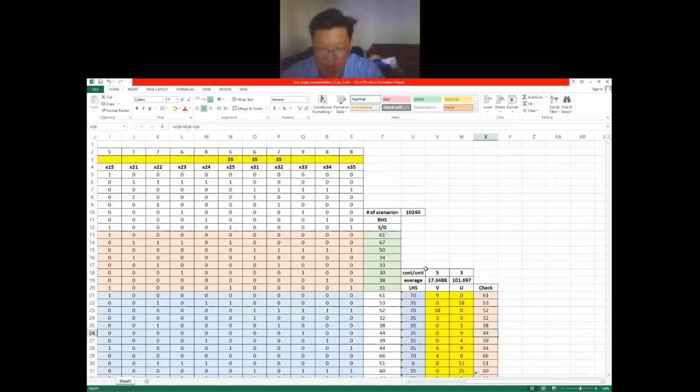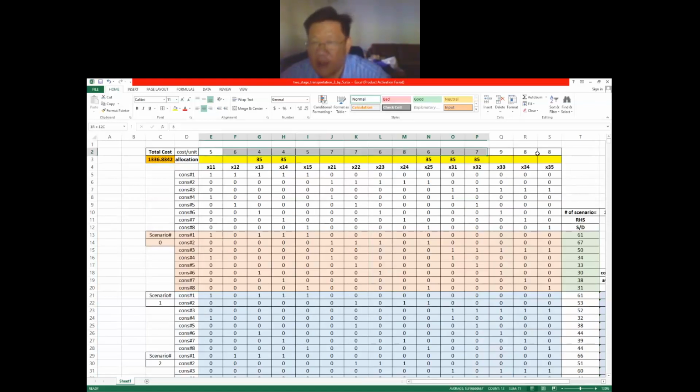This is going to be the last set of the assignment. And next week, with your certain progress, we're going to integrate the uncertainty of the cost here. You remember the cost uncertainty? Suppose that it becomes 5 plus minus something, 6 plus minus something.